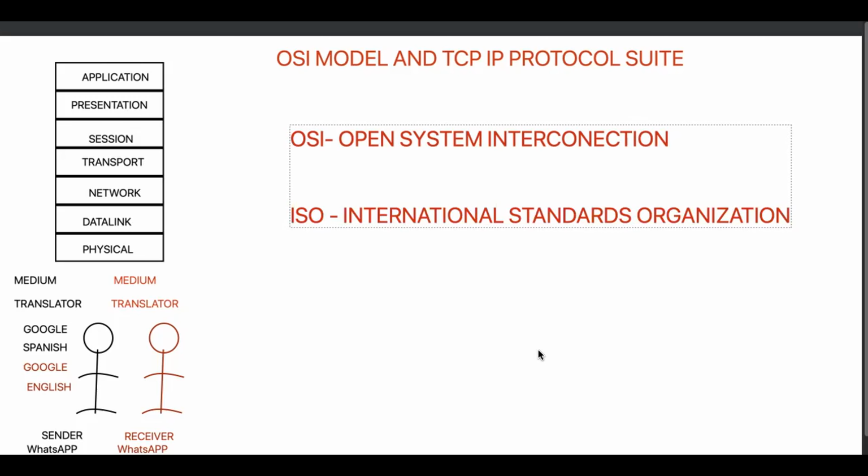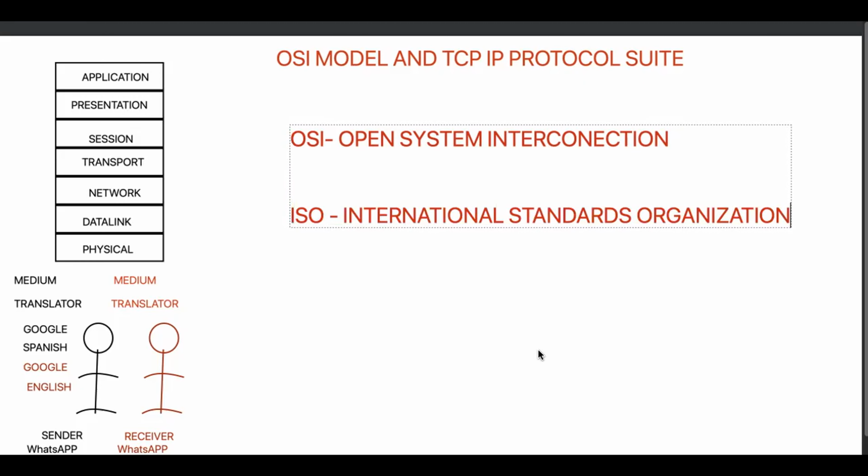It also helps us to design a flexible, robust, and interoperable network architecture. It facilitates communication between two different systems. And lastly, it consists of different but related layers that support data movement across the network.